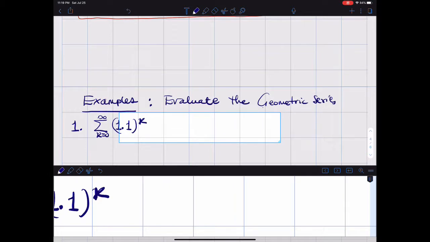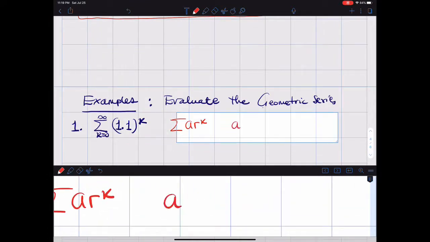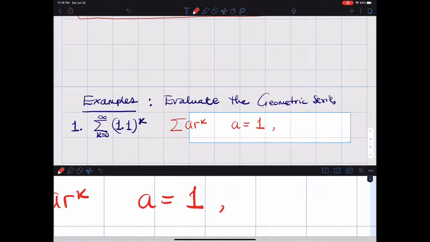If you compare it to a r to the power of k, our a is just 1 and r is 1.1.